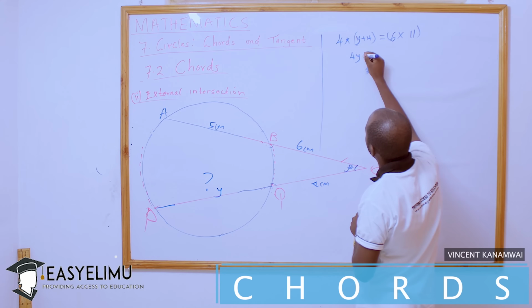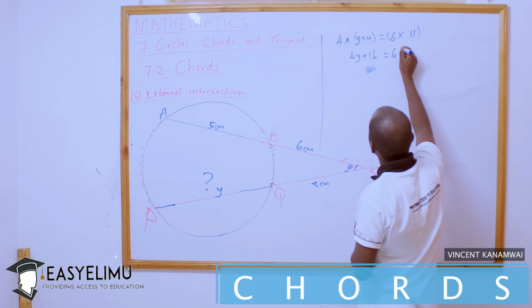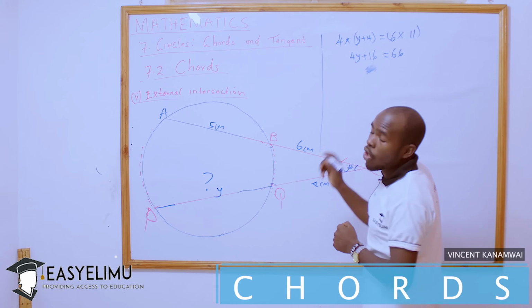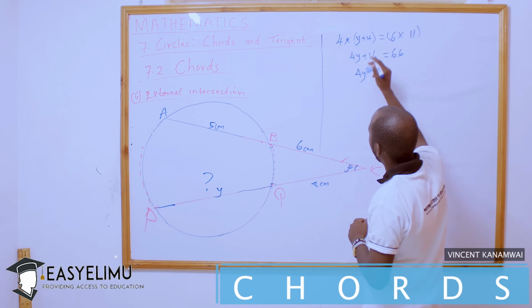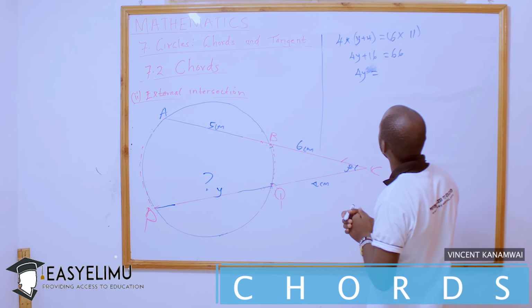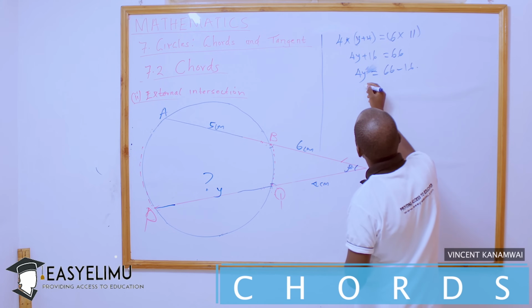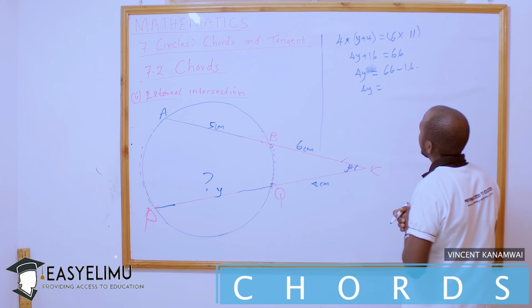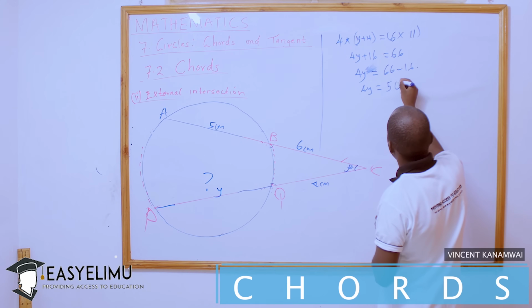4 by 4, you will get positive 16. And if that is the case, this one is going to give you 66. After getting that, you collect the like terms. If you want 4y, you subtract 16 from both sides, and you will have 4y equal to 66 minus 16, which is going to give you 50.